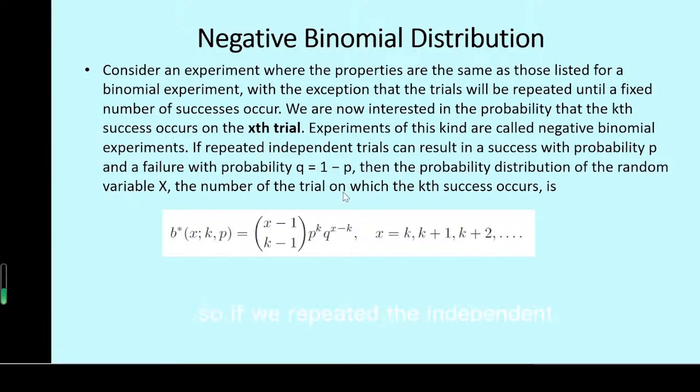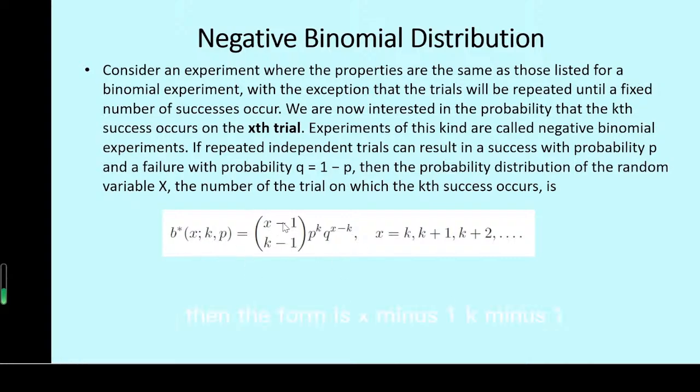If we repeat independent trials that can result in a success with probability p and a failure with probability q, 1 minus p, then the probability distribution of the random variable X, which is the number of the trial on which the kth success occurs, is the negative binomial, marked with a star, b*(x; k, p). So x trials and k successes.